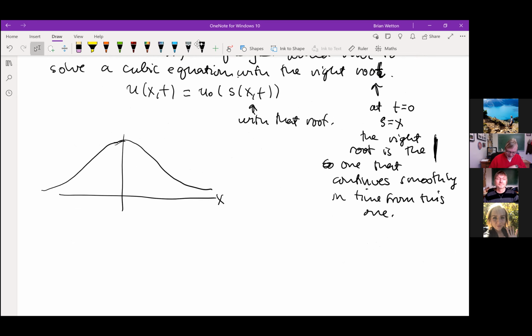Okay, so now I'm going to look at this speed, 1 over 1 plus x squared, right? And I'm going to notice that the speed goes to 0, and it has a maximum of 1 at x equals 0.